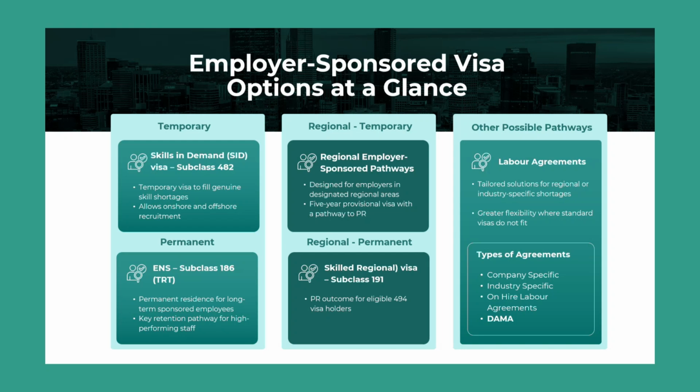So if that's something you can consider and you can offer them permanent residency, then after 2 years paying on a temporary skilled visa with the same employer, the 186 visa would be an available visa stream as a permanent resident visa, okay?